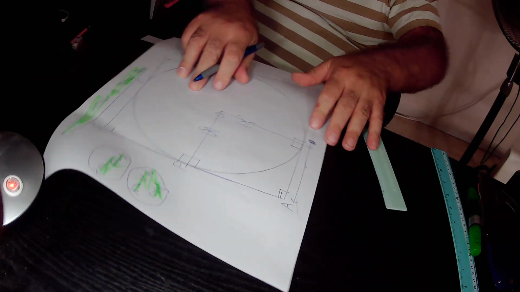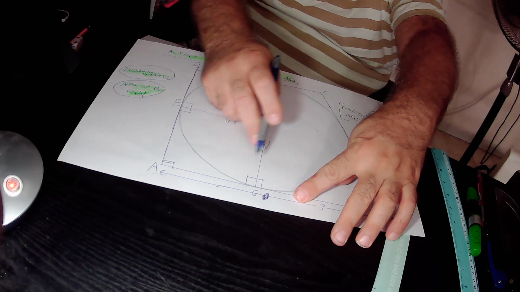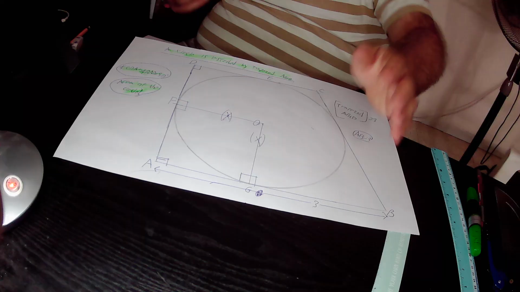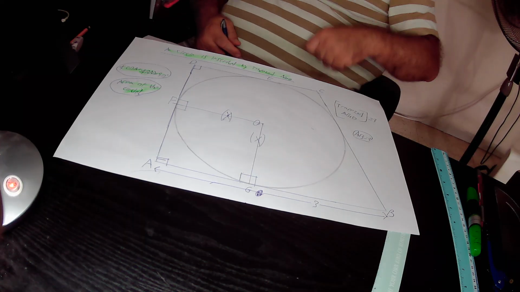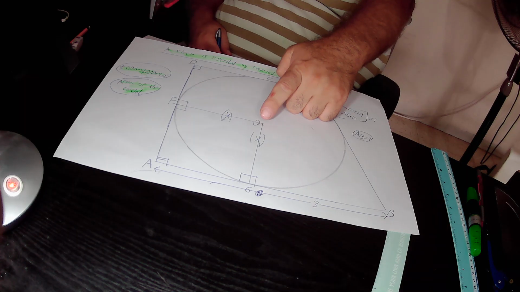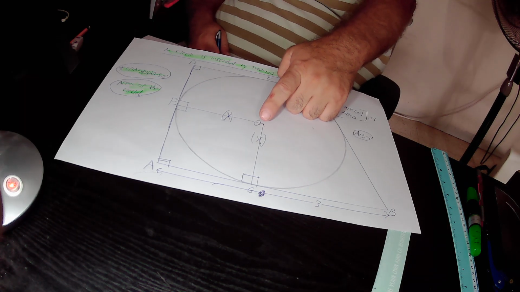So, in quadrilateral FOGA, we have 3 right angles. The sum of 3 right angles is 270 degrees. So 270 degrees plus the size of this fourth angle must in total equal 360 degrees, according to the rule that the sum of the angles in any quadrilateral is 360 degrees. Therefore this fourth angle must be 90 degrees.